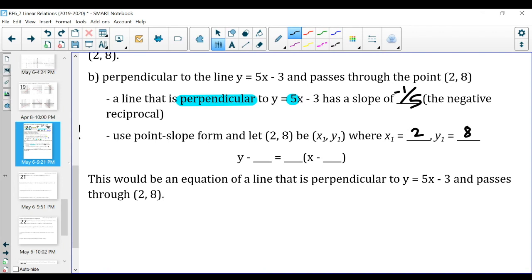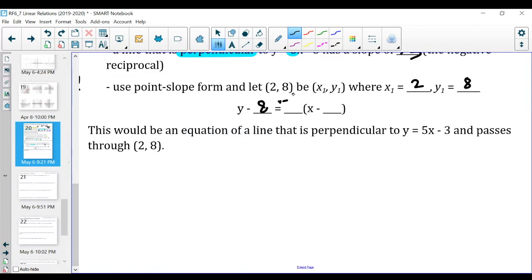So here we've got y minus y1, so y minus 8, and then is equal to m, which we know is negative 1/5, times x minus 2, and that will give us an equation that's perpendicular to y is equal to 5x minus 3, and it passes through the point 2, 8.